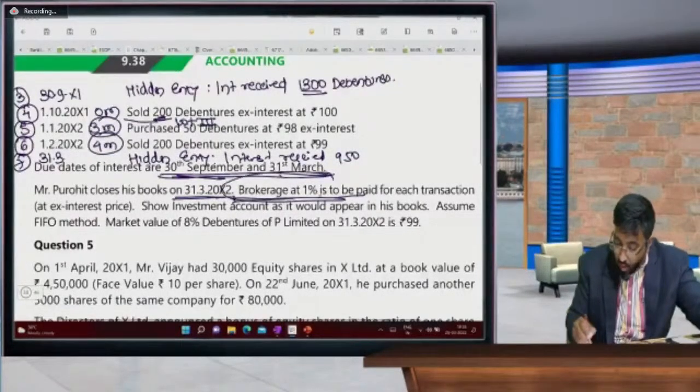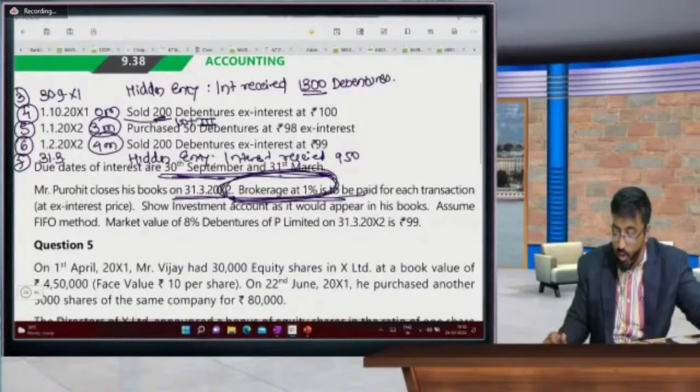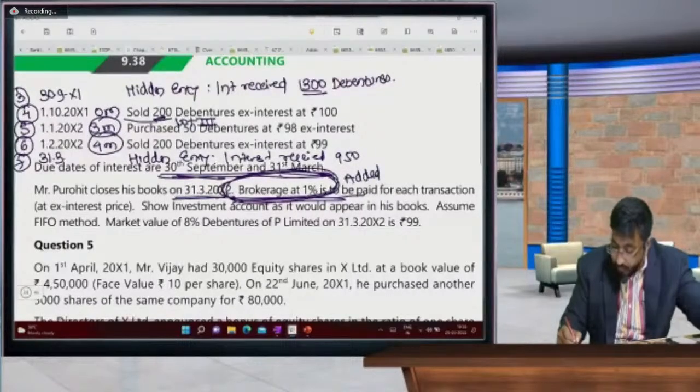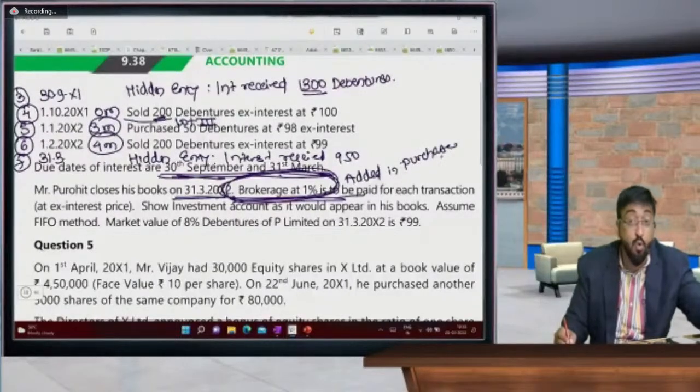Brokerage is a new concept now. Now see what is brokerage. Remember, brokerage will be added when you purchase. When you purchase, you have to pay brokerage.